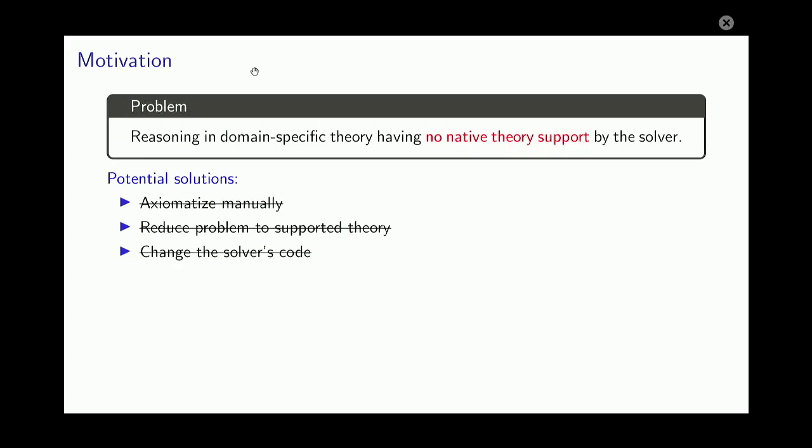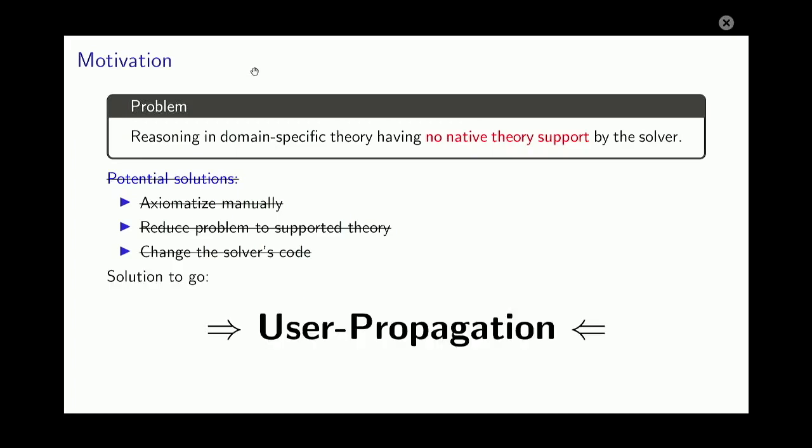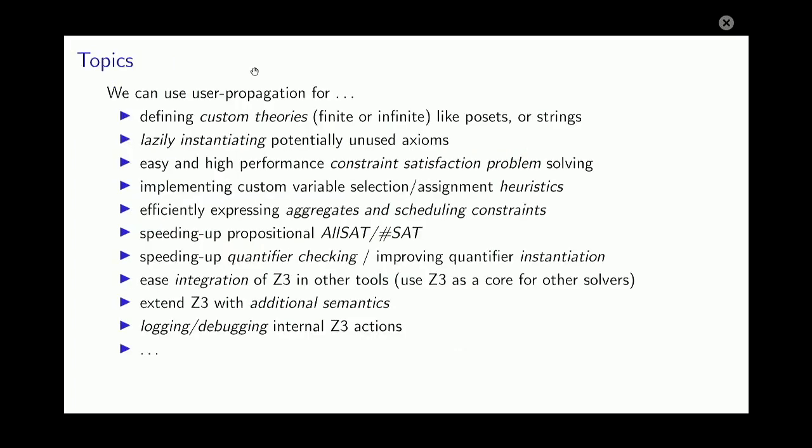So what we propose is the so-called user-propagation. And I've summarized here some potential use cases for the user-propagator we dealt with. They are all related to extending expressibilities in Z3 or increasing performance.